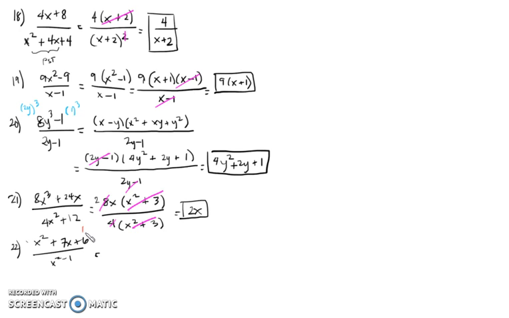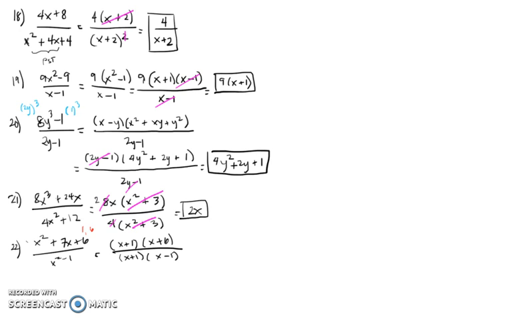So that is 1 and 6. 1 times 6 is 6, 1 plus 6 is 7. So the factored form for this is (x plus 1)(x plus 6), all over a difference of two squares, which gives me the sum and product of the terms.